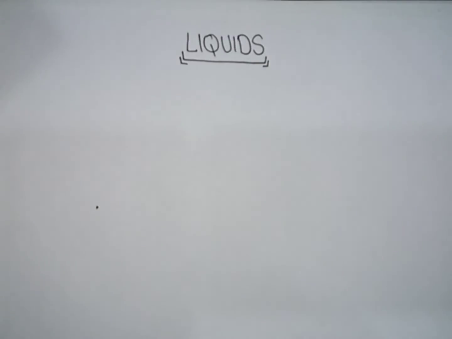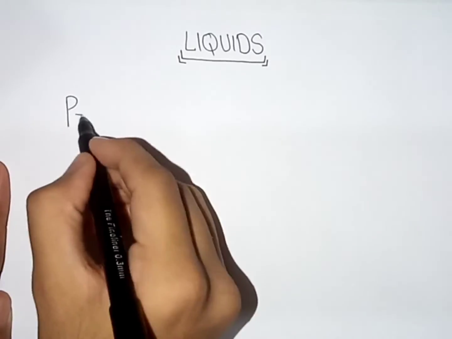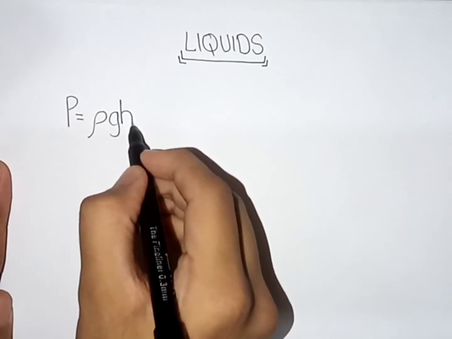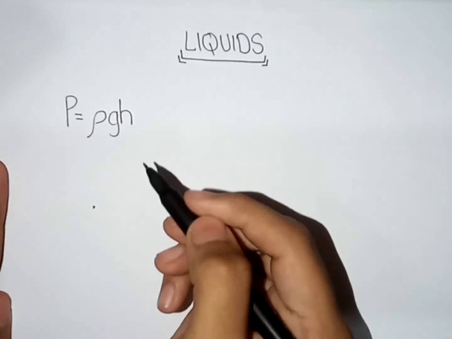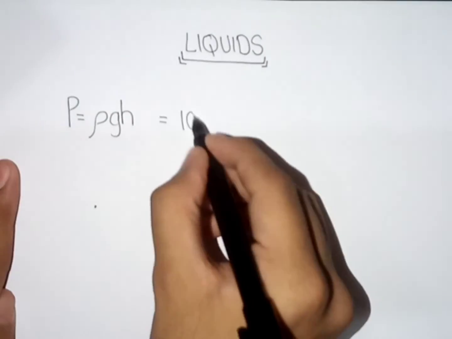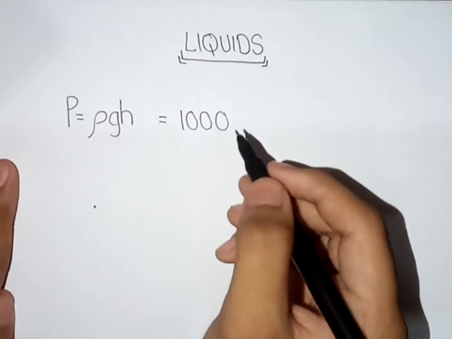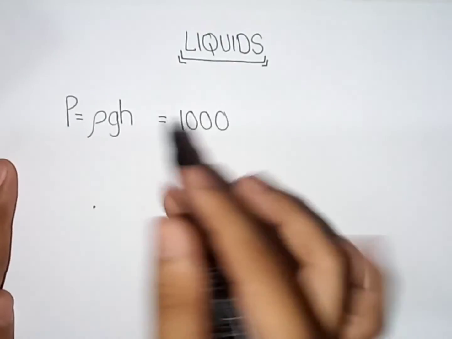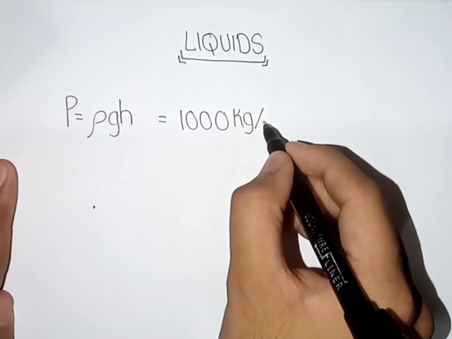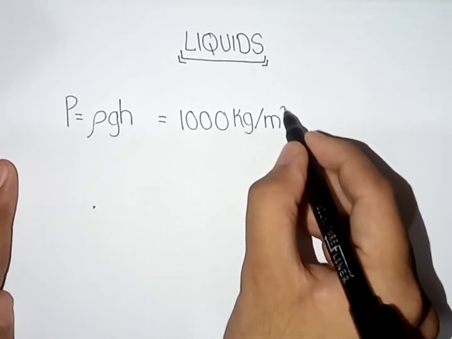The last but most important thing you need to understand in pressure of liquid: as we have learned, the formula is pressure equals density multiplied by gravitational field strength multiplied by height. For example, here we have 1000. What is the SI unit for density? Kilogram per meter cube.